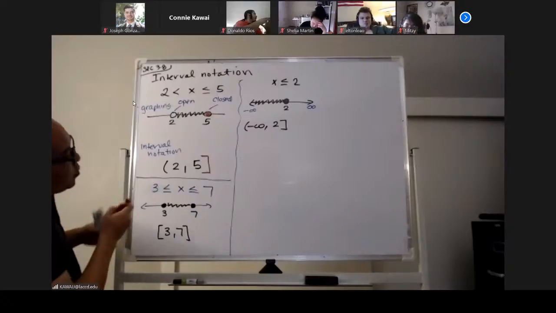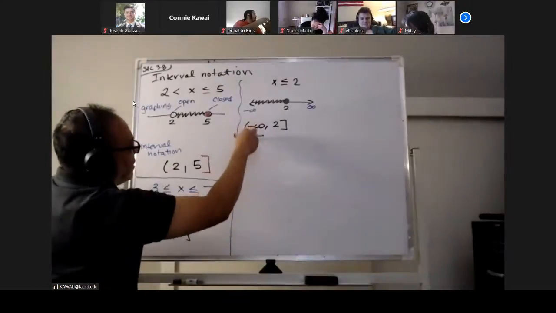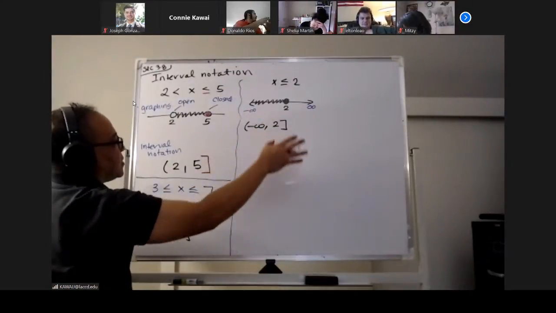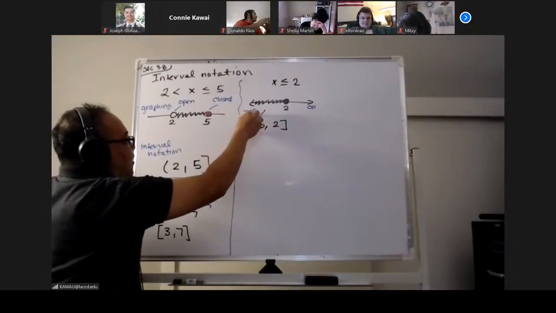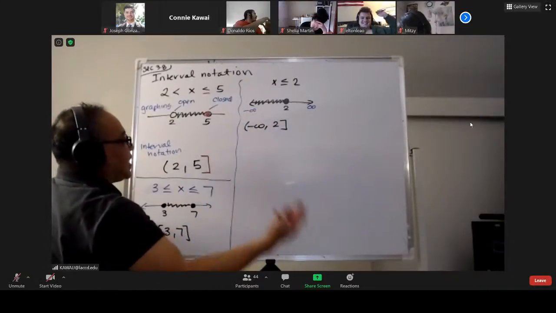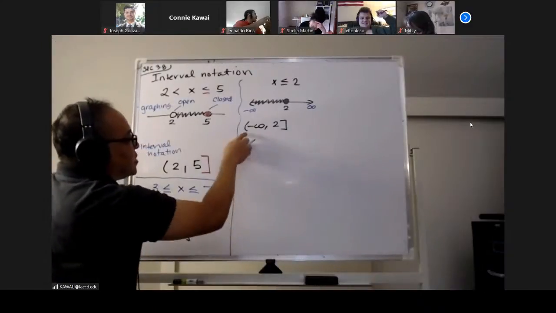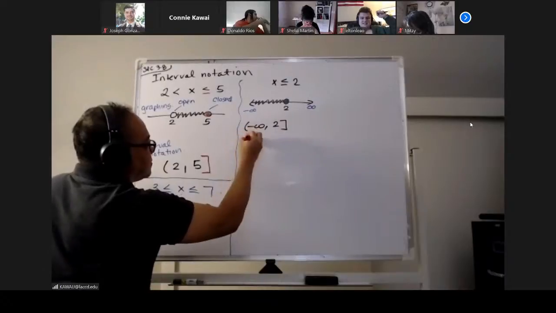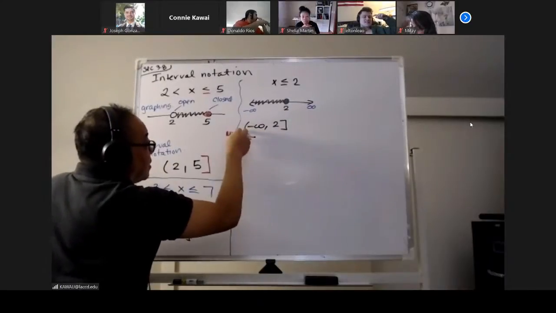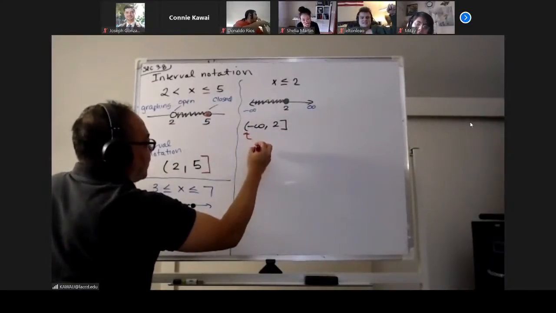Now, the reason why this is the parentheses is that you can't touch God. Infinity is a number I can never quite get to. It's always a little bit too far to touch. So since you can't touch God, you always have parentheses next to infinity.